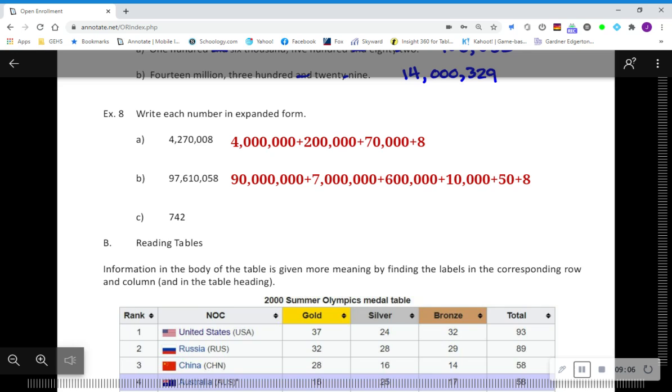Here's another example. Just to give you part of it here, the 7 in this number means 7 million because of its place value. We'll do one more example here. 742 is actually 700 plus 40 plus 2. That's what's meant by all of that.